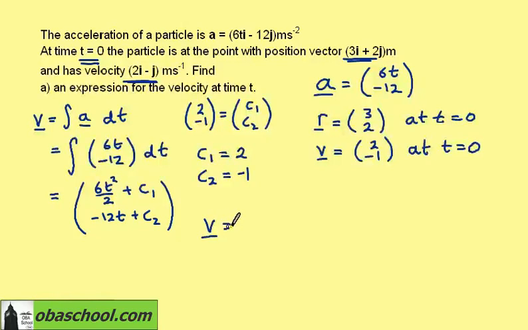Therefore, the velocity is going to be 3t squared plus constant 1, which is 2, and minus 12t plus constant 2, which is minus 1.